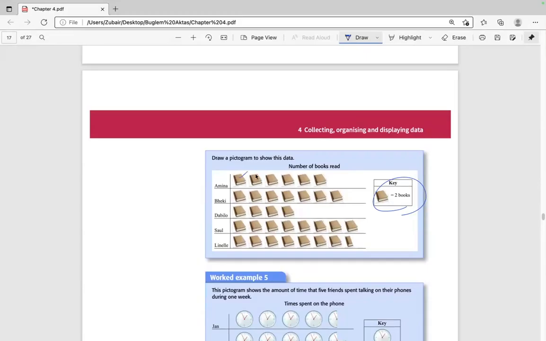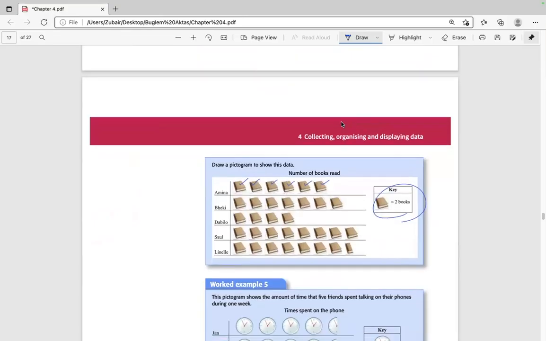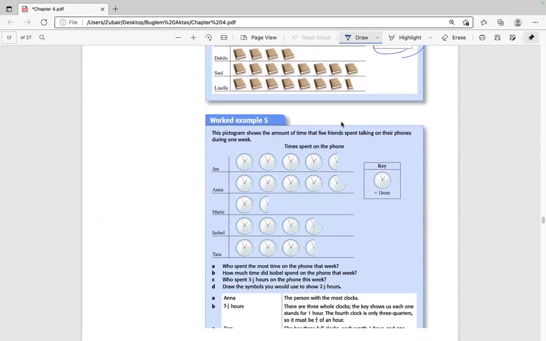So if I see 1, 2, 3, 4, 5, 6, that is actually 12 books. Amina read 12 books. So that's 6 pictures. For 14, I'll be drawing 7, and for 16, I'll be drawing 8. And for 15, that's an odd number, so we have 7.5: 7 complete pictures, and 1 half. So this is a pictogram.